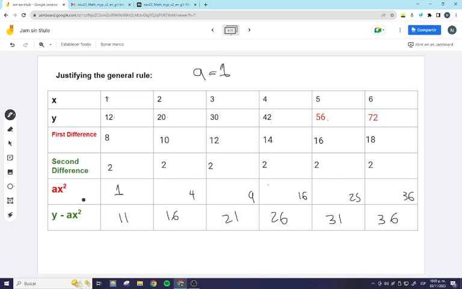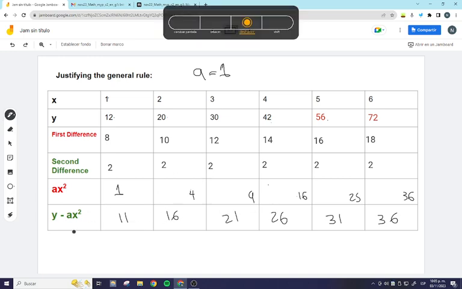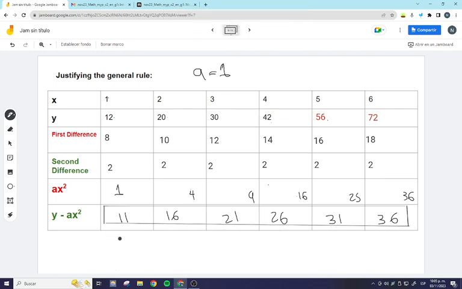Because when we do that, if we have done it correctly, all of these is going to be a linear pattern. And remember, a linear pattern has a constant difference, a common difference.